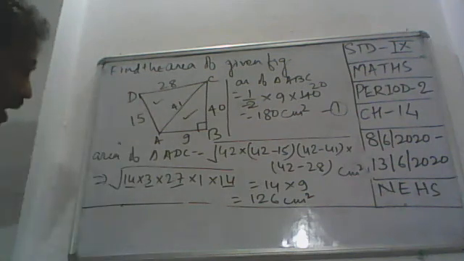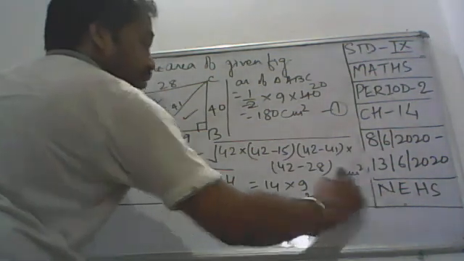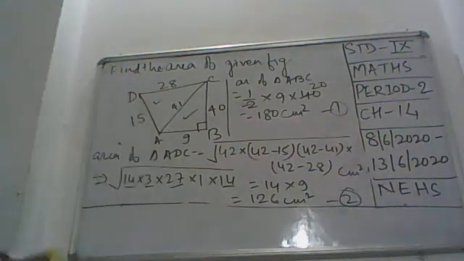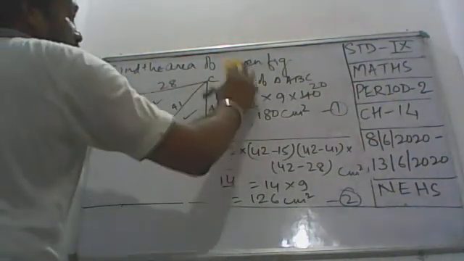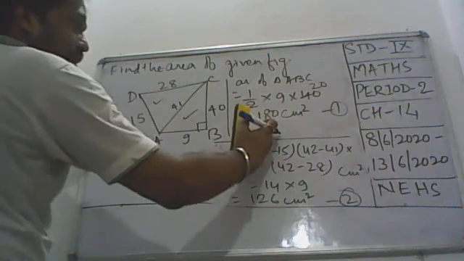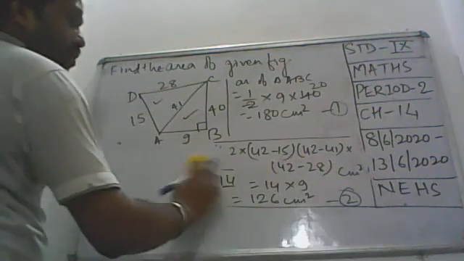So now we are in the position to write the area of this quadrilateral ABCD. See, this is the first part, 180 centimeter square. Second part, 126 centimeter square.